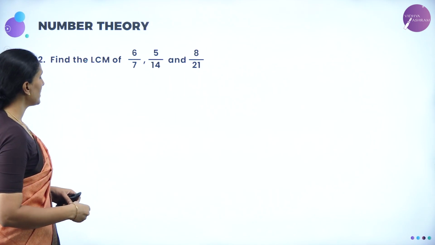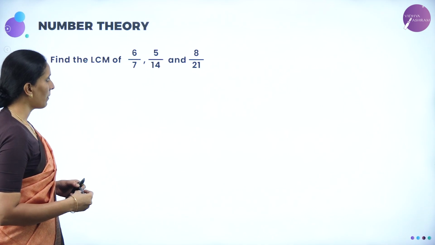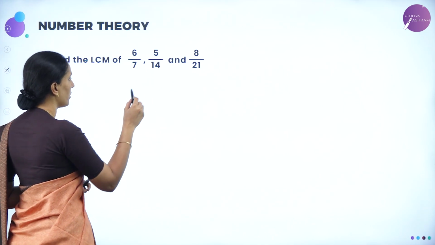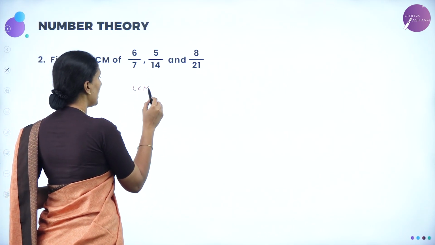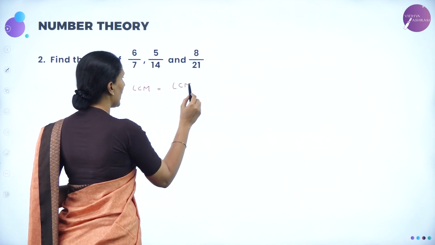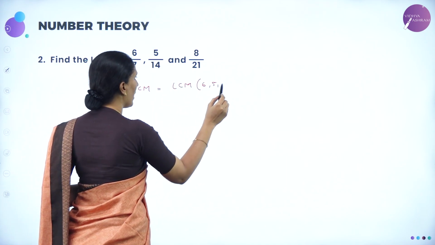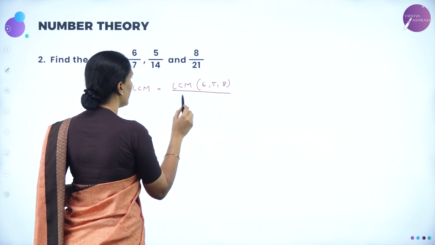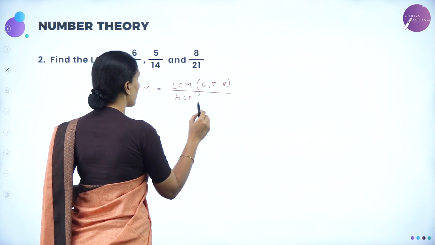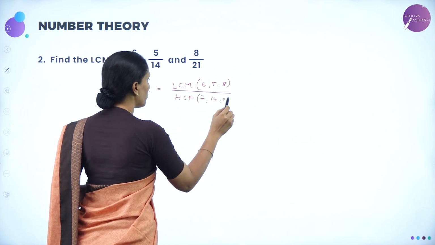Next, find the LCM of 6 by 7, 5 by 14 and 8 by 21. So we need to find the LCM of 6, 5, 8 divided by HCF of 7, 14, 21.